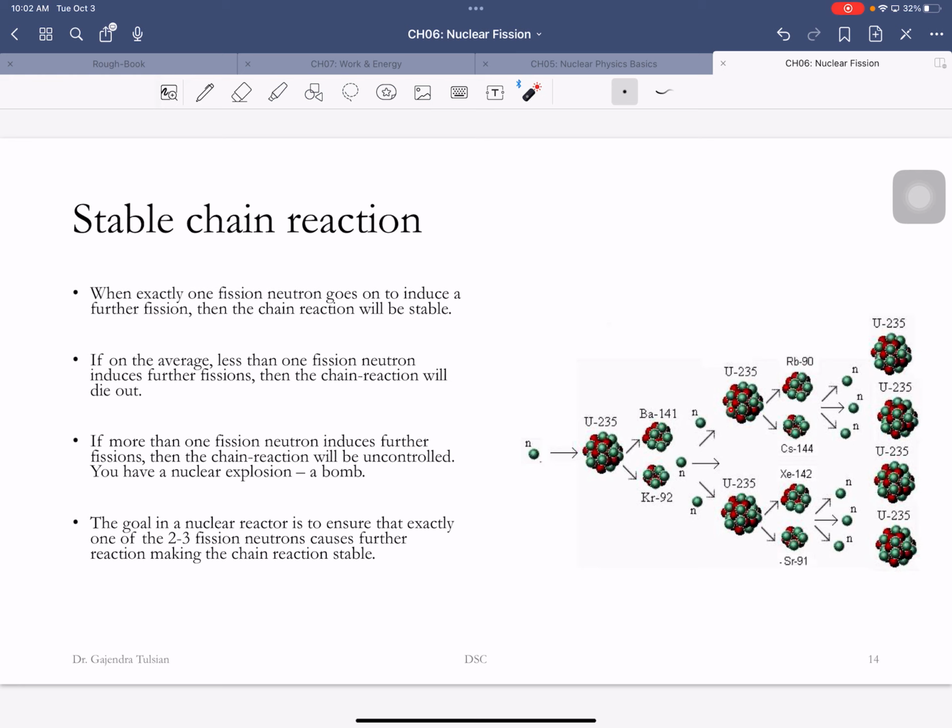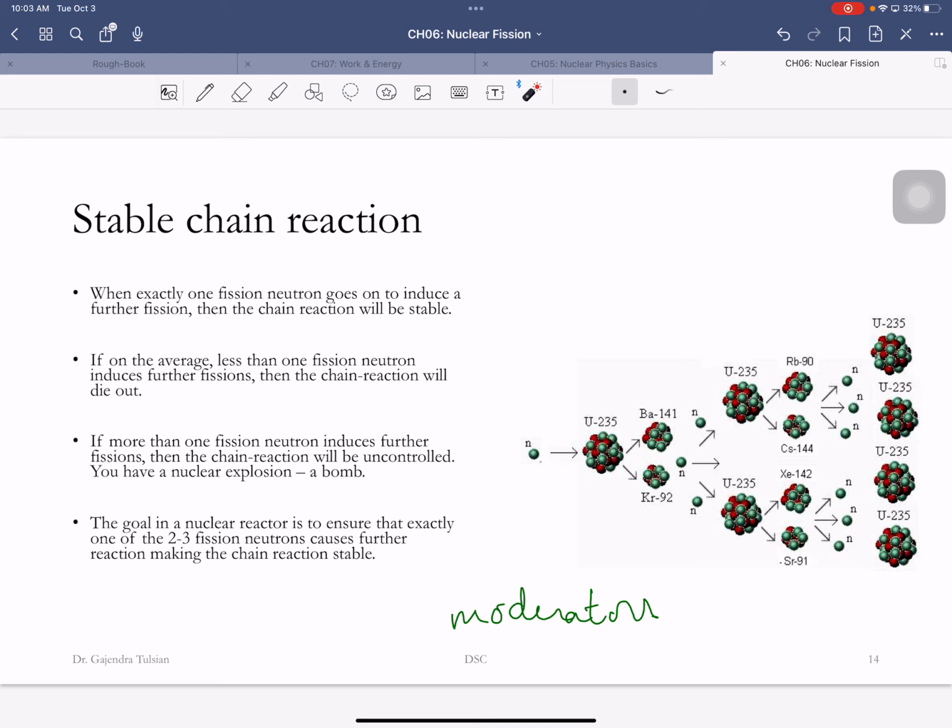That's the job of a moderator in the nuclear reactor. So what does the moderator do? Moderators slow down neutrons so that when they're slow, the probability of them causing a further fission increases.